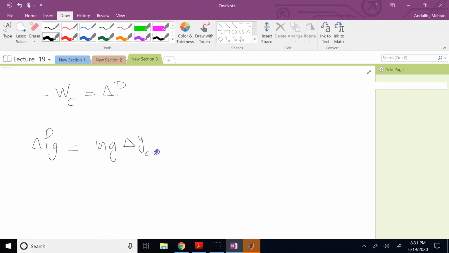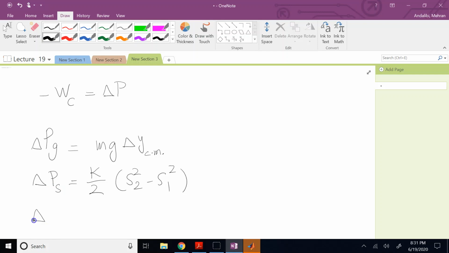Delta y of the centroid, because gravity is applied at the centroid. The change in potential energy in a spring is equal to k over 2 times s2 squared minus s1 squared. Okay, so this is for a linear spring.